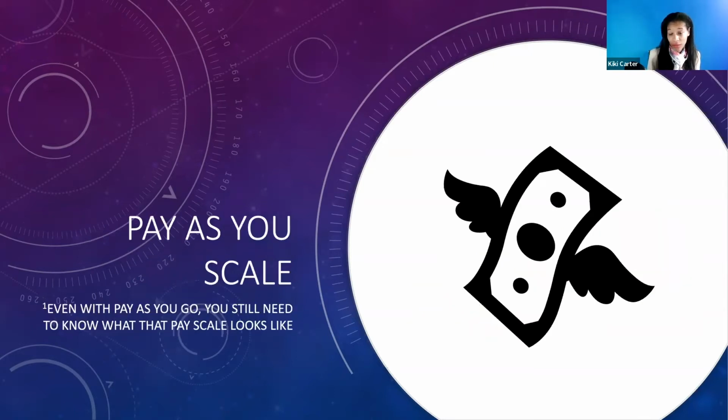Speaking of scale, one of the great promises of serverless products is that you can pay as you scale. We say pay as you go, or also pay as you scale, but you still need to know what that scale looks like. Sometimes we call it predictable billing, but that's predictable only if you understand what your usage patterns look like and what you're paying per usage.